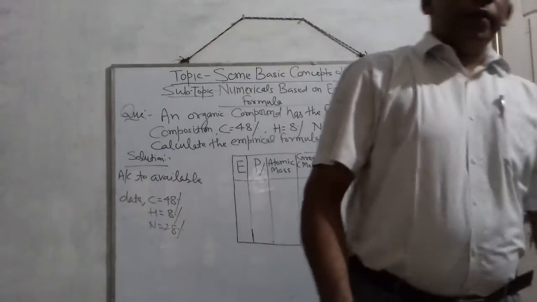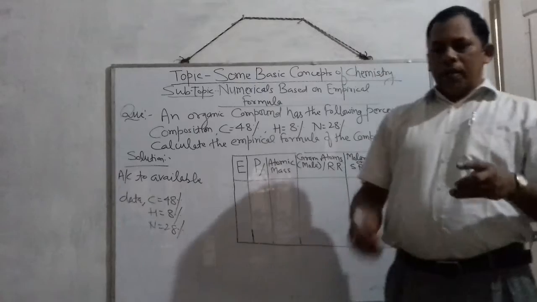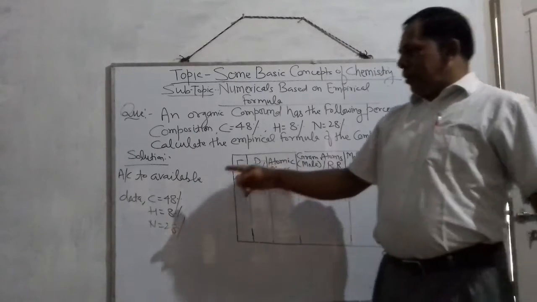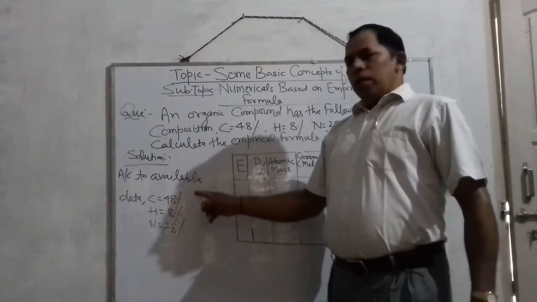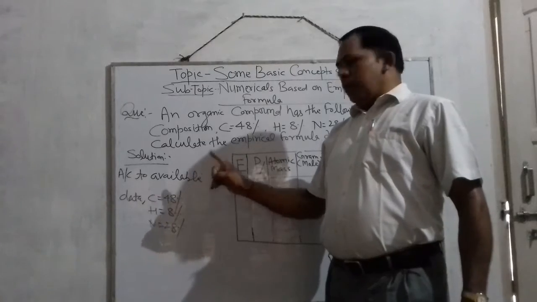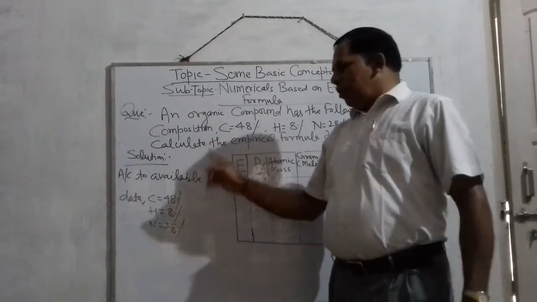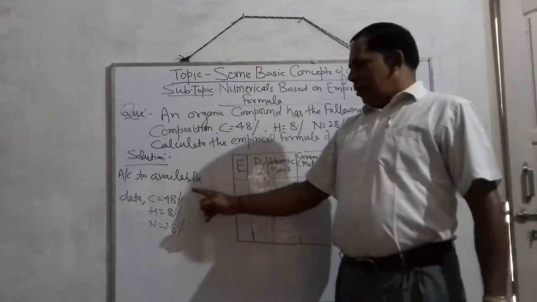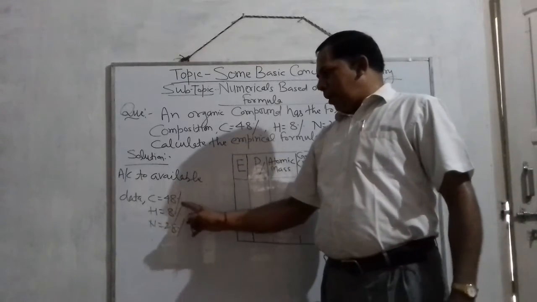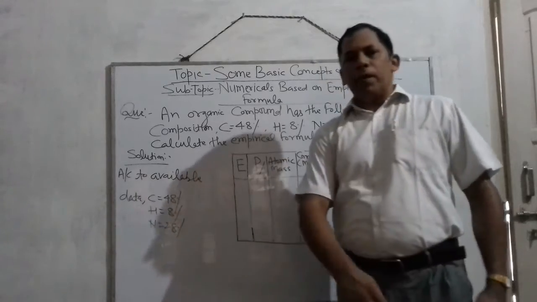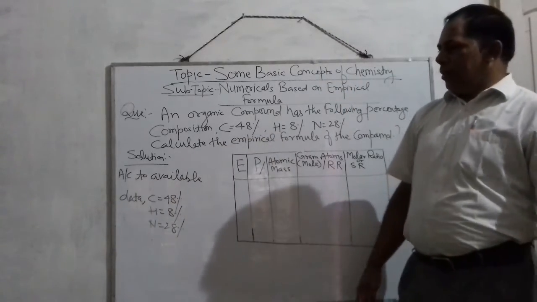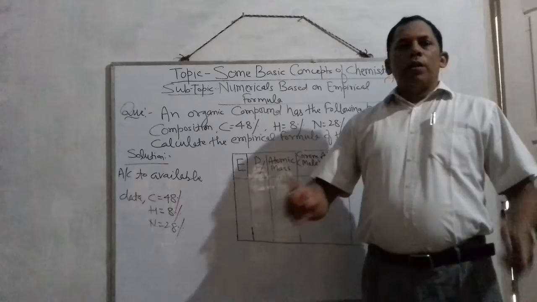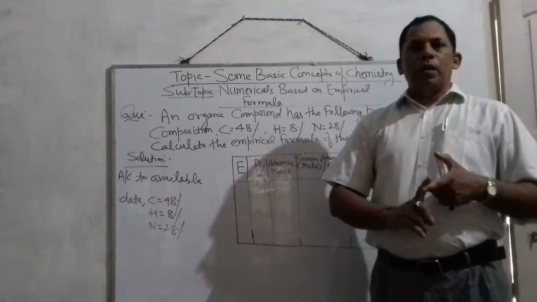One more point, student, you must remember that percentage should equal 100. The sum of the percentages of all the elements present in the compound should be 100.